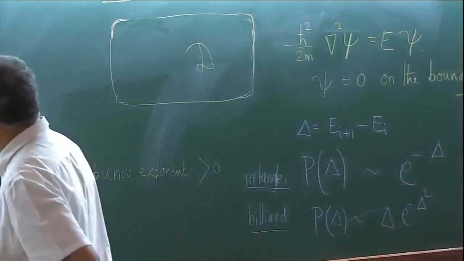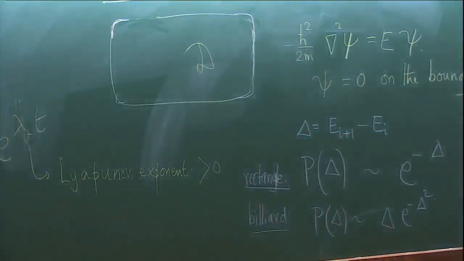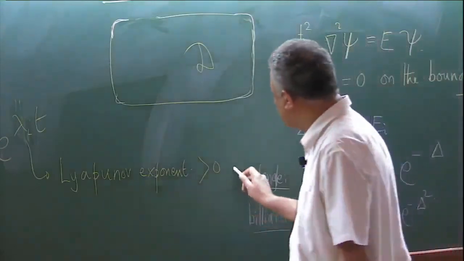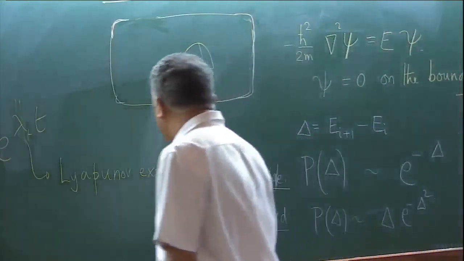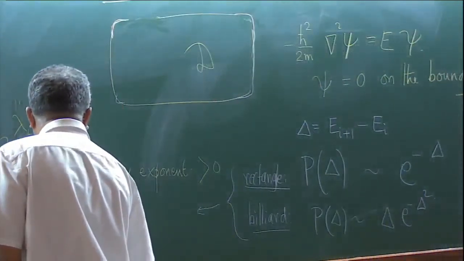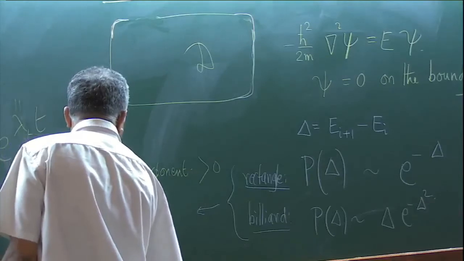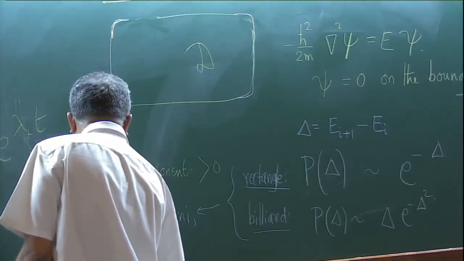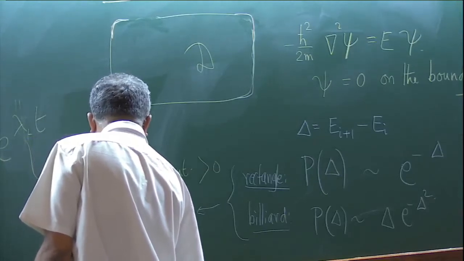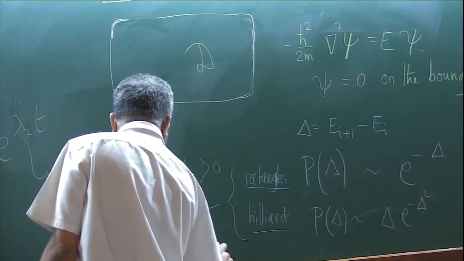This was all seen numerically, and it has now been verified in many different systems, and it is taken as a signature of quantum chaos. This is called the Bohigas-Giannoni-Schmidt conjecture, or BGS conjecture.